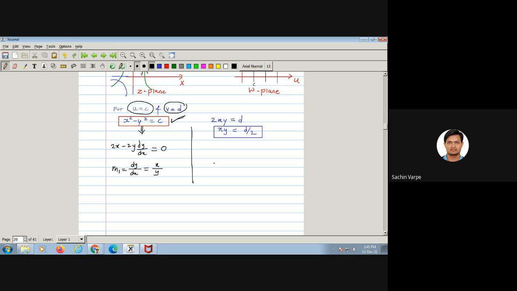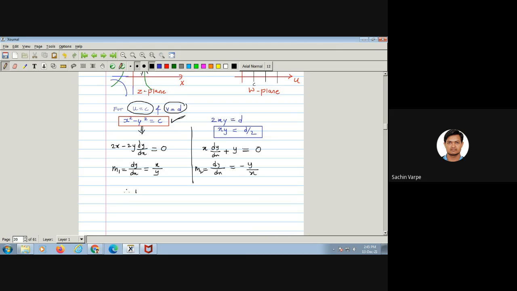And from xy equal to constant, by the product rule, we get x dy by dx plus y is equal to 0, right? So from here, dy by dx, that is m2, equals minus y upon x.